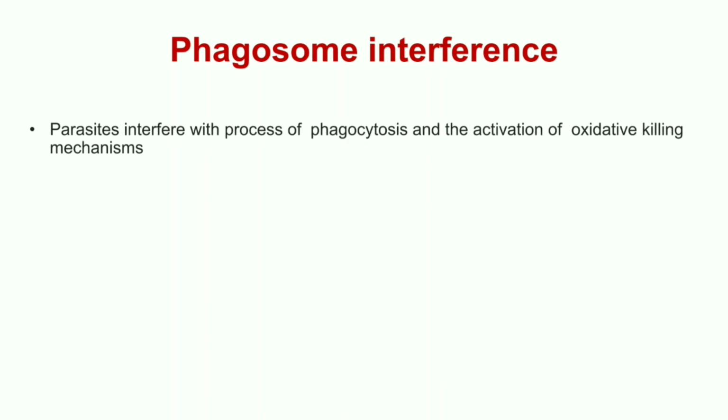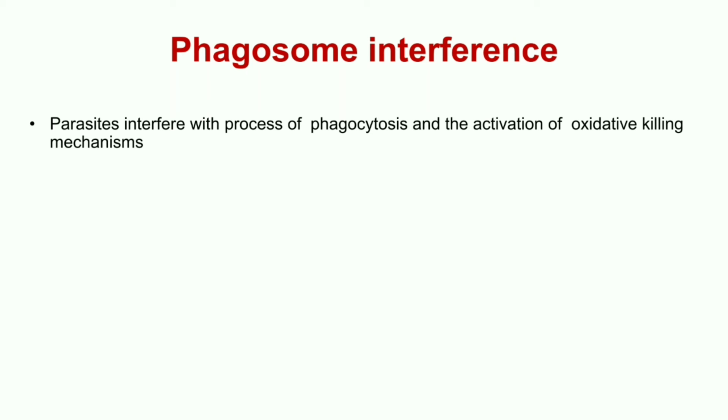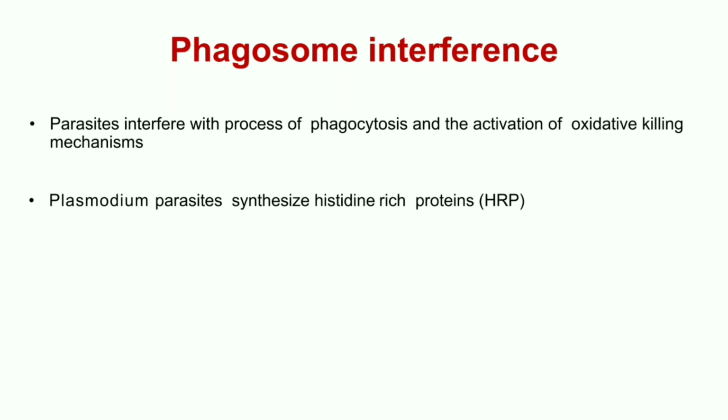Phagosome interferences. Many parasites interfere with the process of phagocytosis and activation of oxidative killing mechanisms. Plasmodium, the parasite which causes malaria, is known to synthesize histidine-rich proteins.